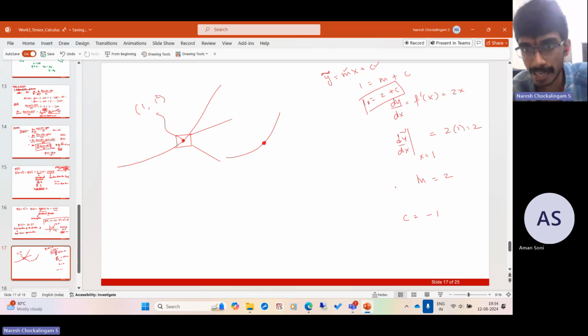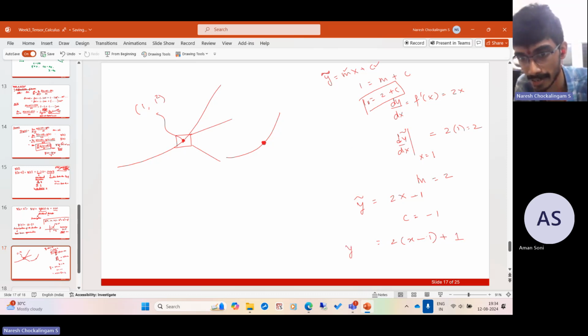So what is the linearization y tilde we get? Y tilde is equal to 2x minus 1. Now here x is the total value. You can write this as 2 into x minus 1 plus 1.